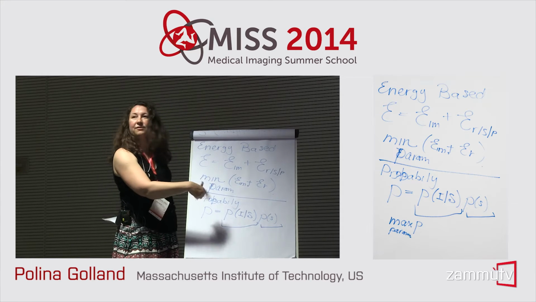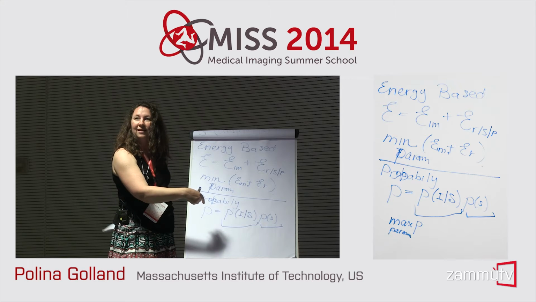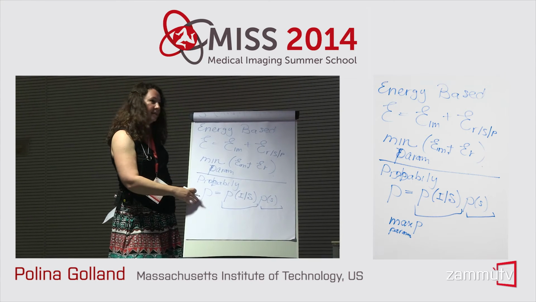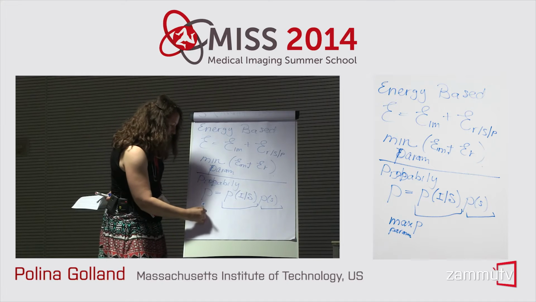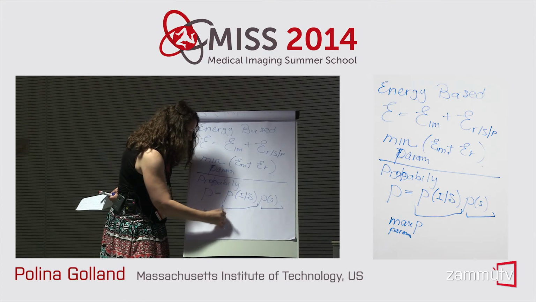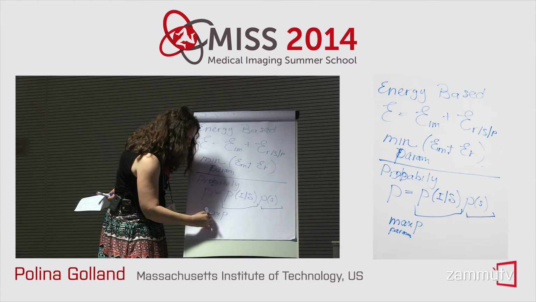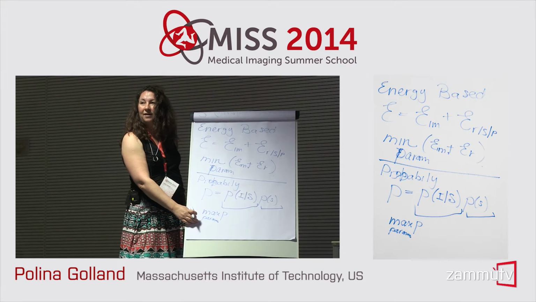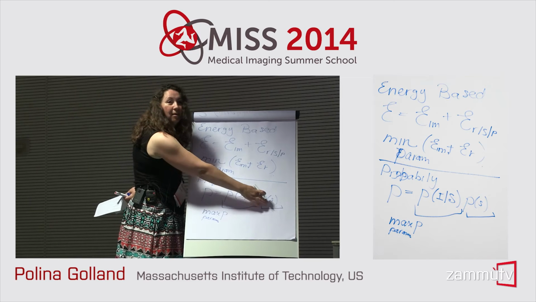If you take the negative log of this expression, you end up with the sum of two terms. In the probabilistic approach, you maximize the probability over the parameters. Okay? If you take the negative log, you end up with the minimization of the sum.